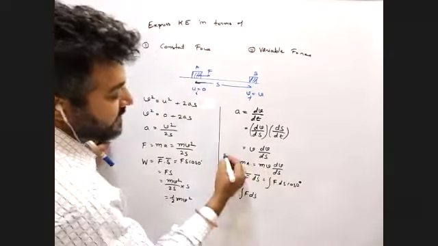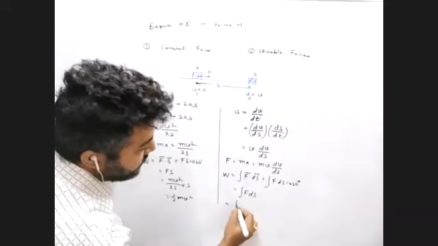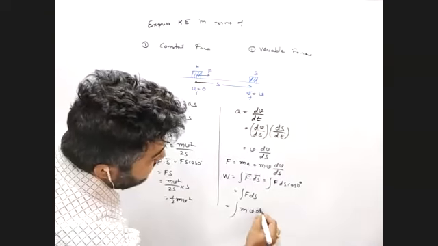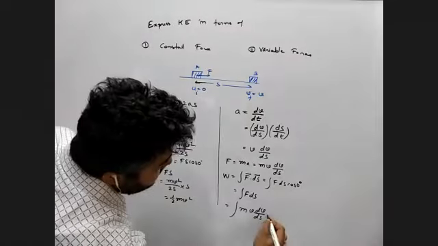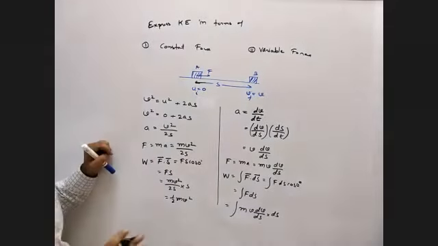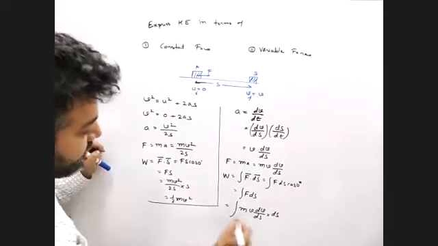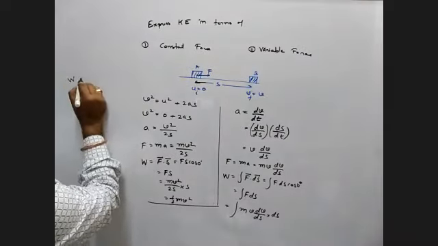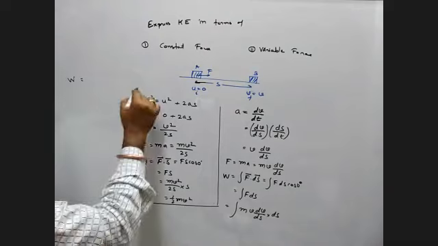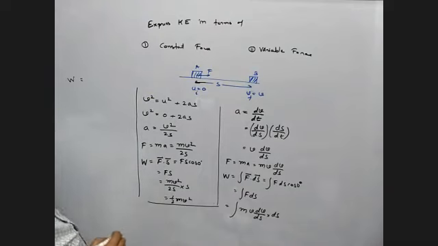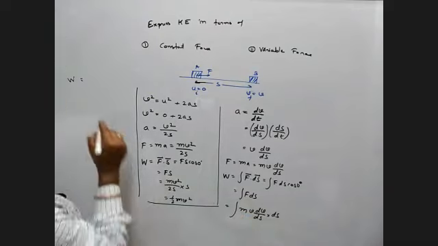And now your F is how much? This one is your F. So what you can write, m v dv by ds into ds. Hope you can see this. So this ds cancels. So what you have, work done is, I'm writing here, this ds cancels.